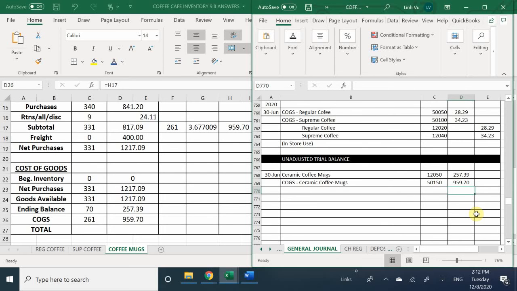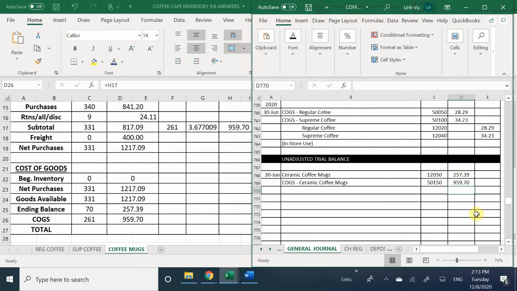Now, we've also made a few purchase returns and allowances. What kind of account is a purchase returns and allowances? It's a contra account. So what is their current balance going to be?